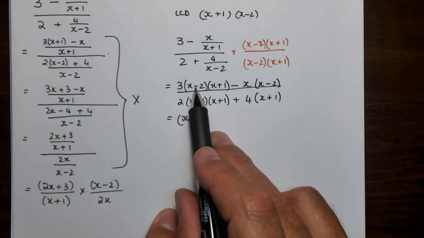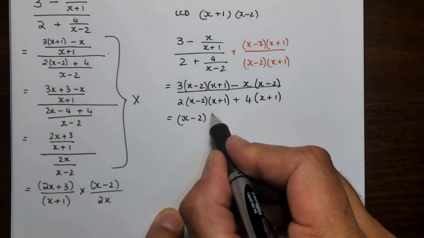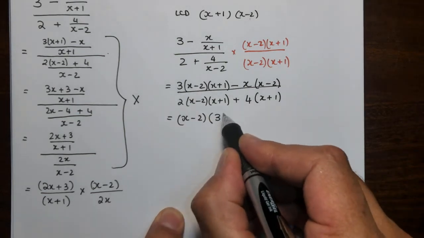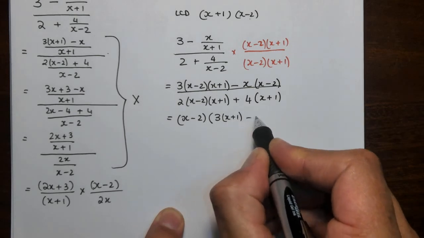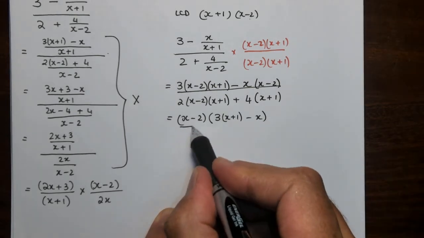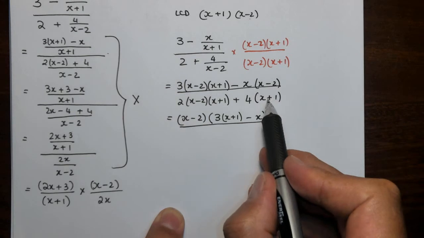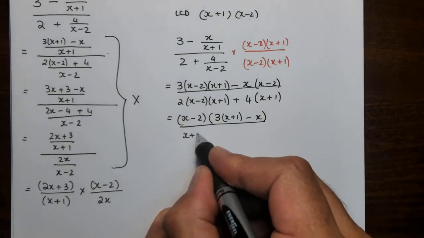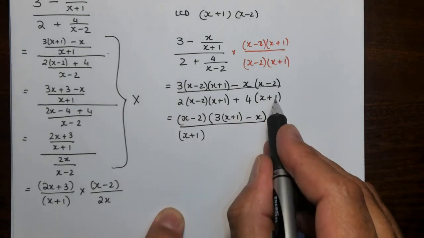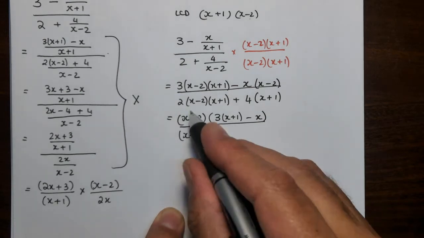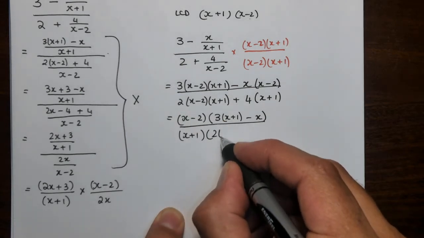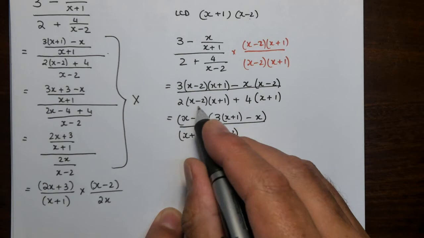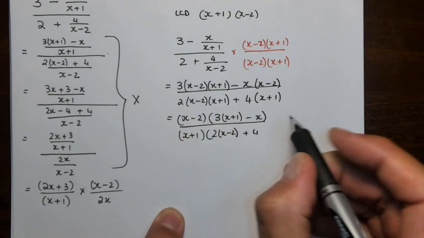Okay? If I remove the x minus 2, I'm left with 3 times the x plus 1 minus that x, which I'll clean up now. And in the denominator, if I remove the bracket x plus 1 common, then I'm left with 2x minus 2 there, plus that 4.